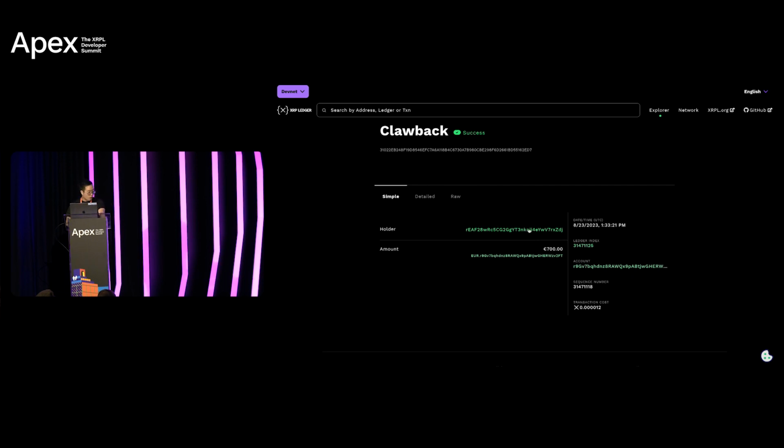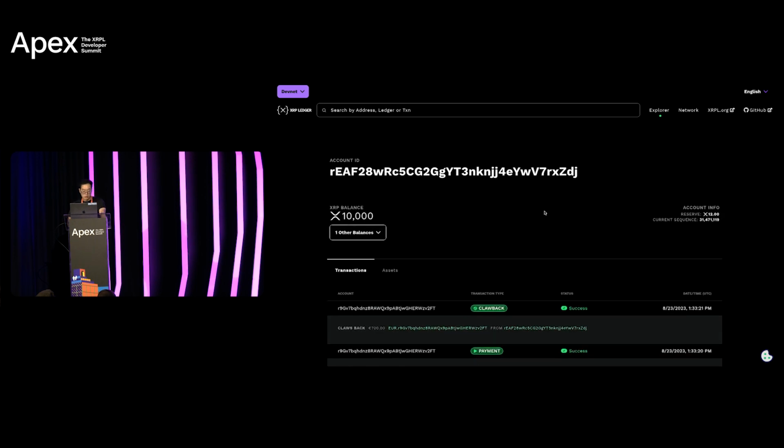So this is the holder's account, and if we switch currency, we can see that the holder now owns exactly 300 euro, which is the correct amount after the issuer clawed back 700 from them.